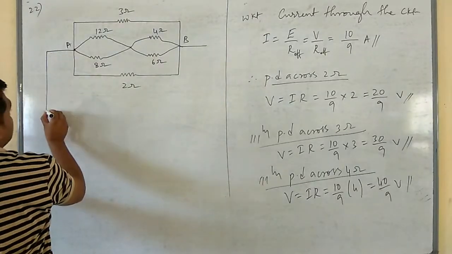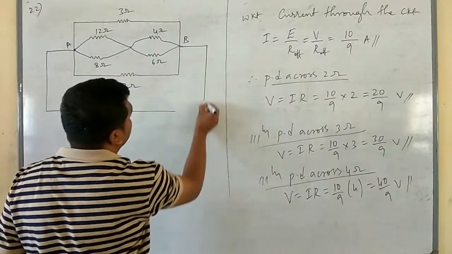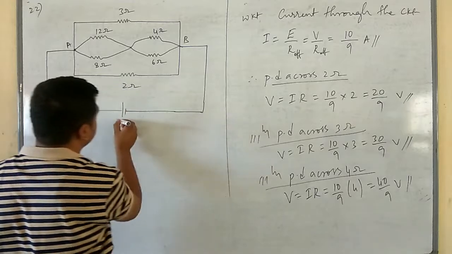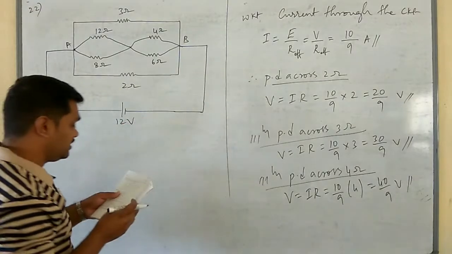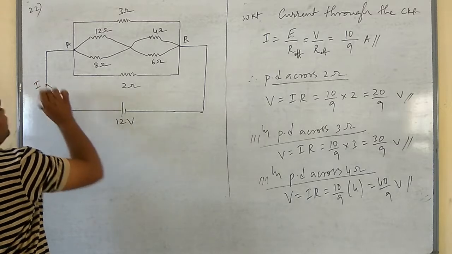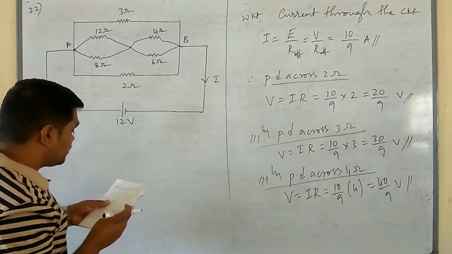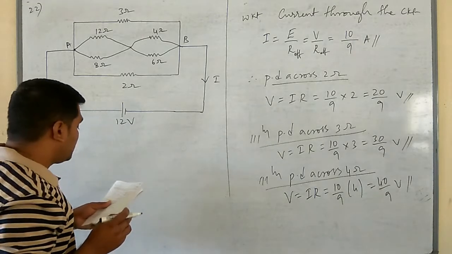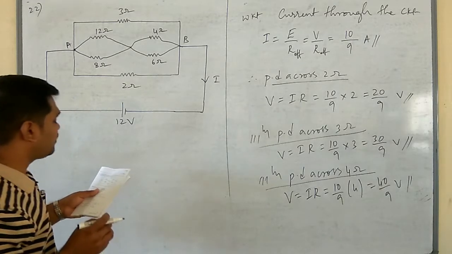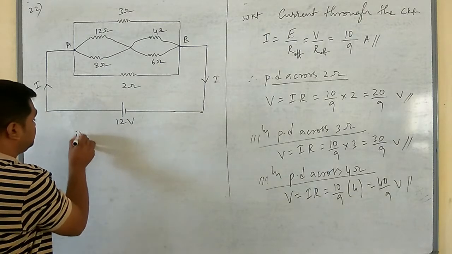Next, they have connected this to a battery or cell having an EMF of 12 volts. The data is given by them. They have also marked the direction of electric current for simplicity. What they are asking here is, in the given circuit, calculate the effective resistance between A and B. That is the first one.